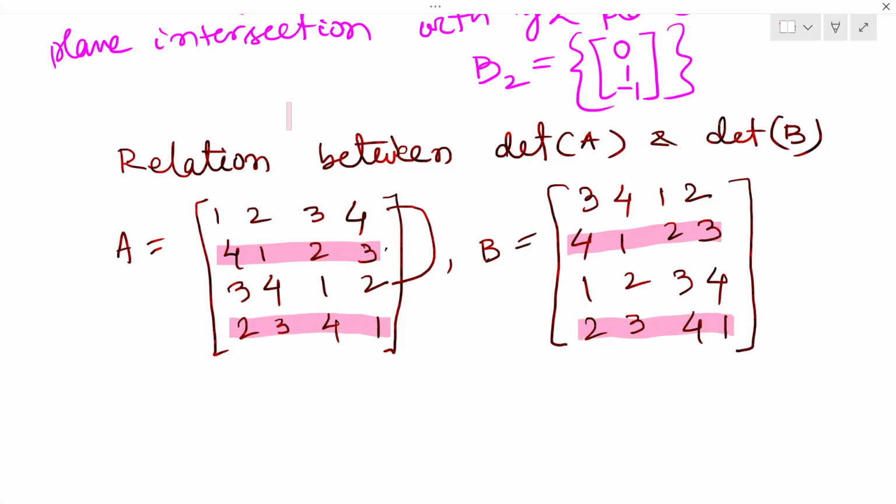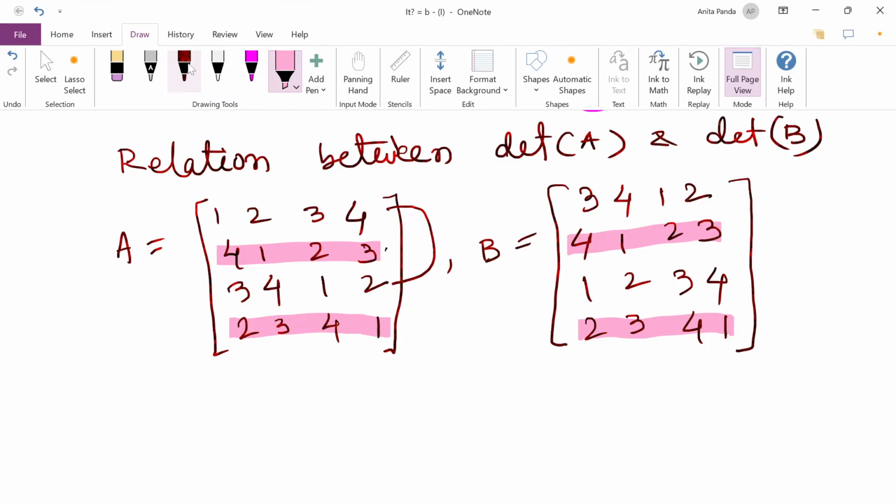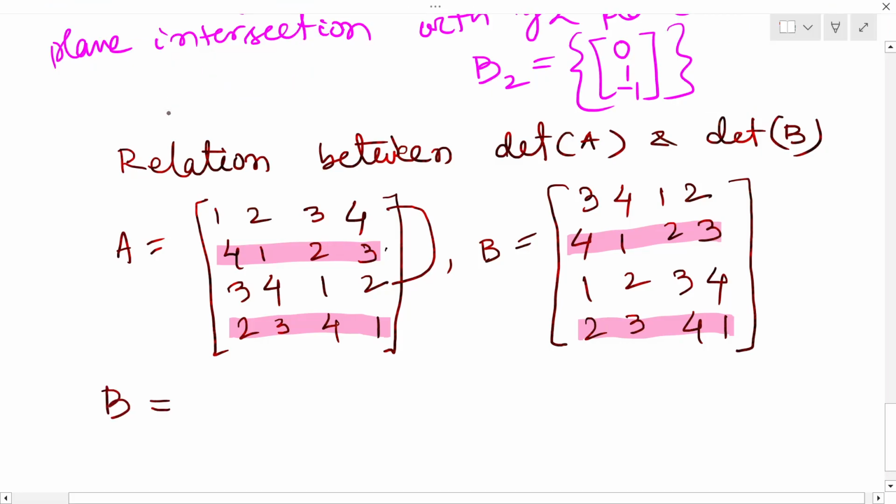Only the change is in between, and we know that if two rows are interchanged, B is obtained from rows 1 and 3 of A.